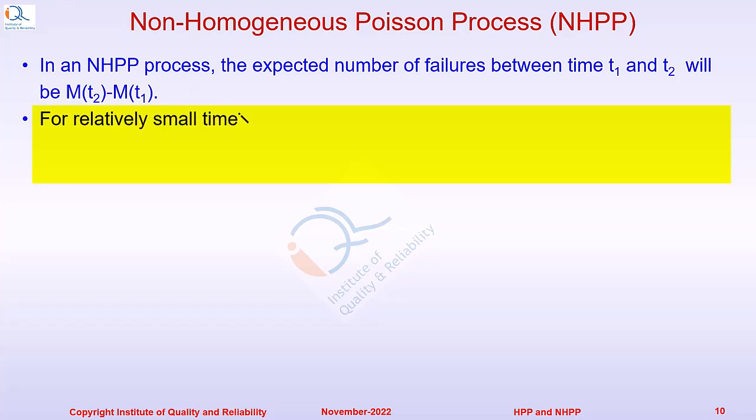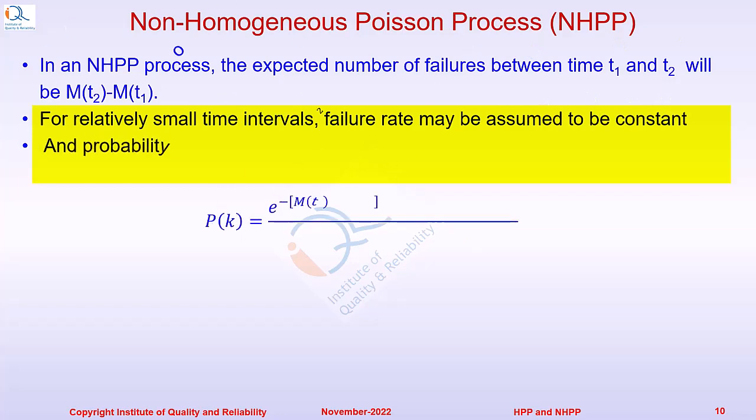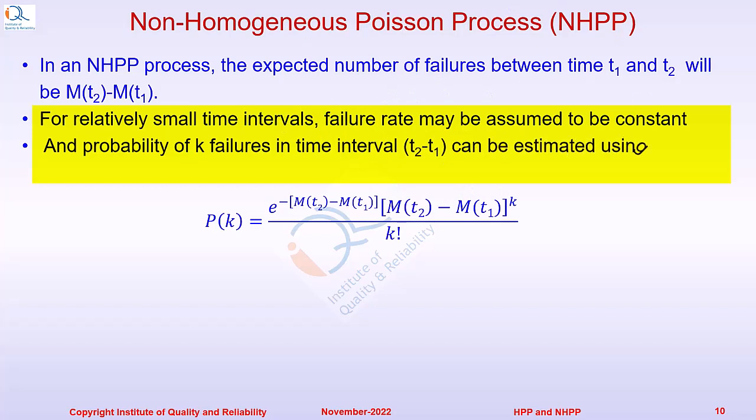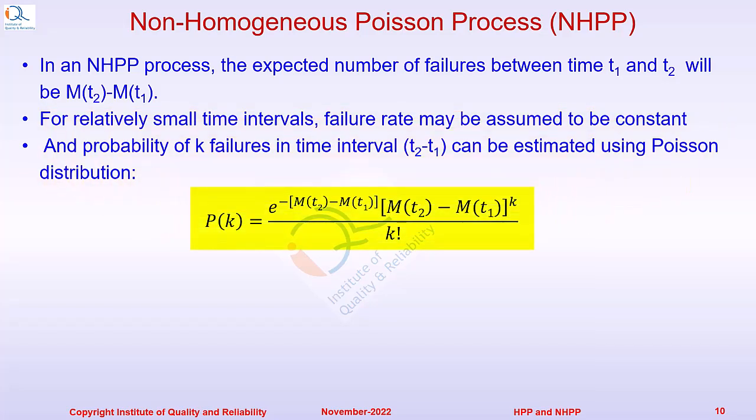For relatively small time intervals, the failure rate may be assumed to be constant, and the probability of k failures in time interval t2 minus t1 can be estimated using the Poisson distribution, given by the following formula. Note that the mean of this distribution is m of t2 minus m of t1, and the number of failures for which we are determining the probability is k.